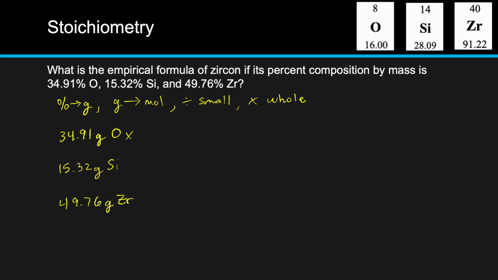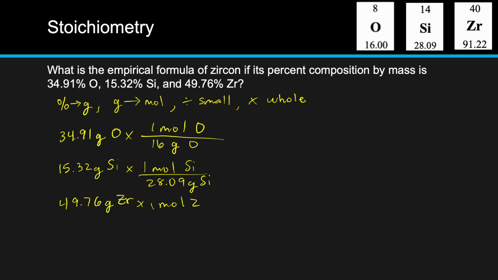Second step, grams to moles. We know to get to moles, we need to divide by molar mass. So I know in 1 mole of O, I have 16 grams of O. In 1 mole of silicon, I have 28.09 grams of silicon. And I know in 1 mole of zirconium, I have 91.22 grams of zirconium.